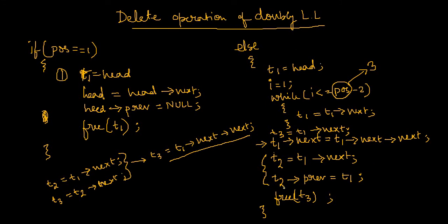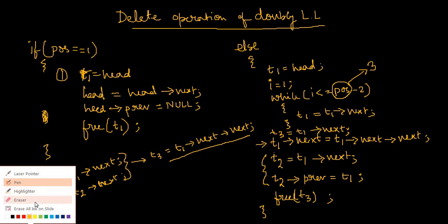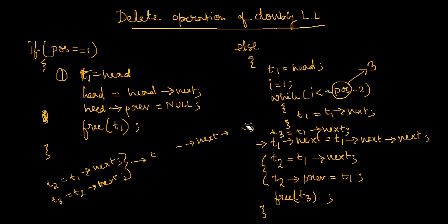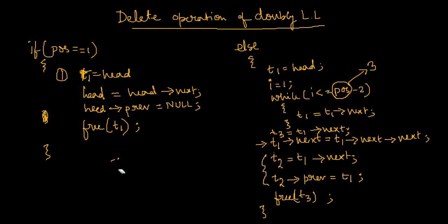Similarly, we can merge these two statements also. What is written? Let's write over here. So let's erase this part. I've written here, it was given T2 equal to T1 next.